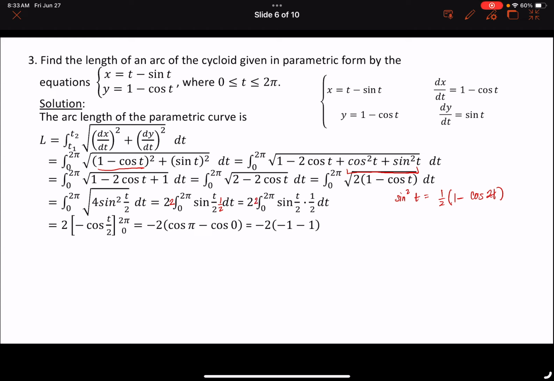There should be 2 here. So the integral of sine t over 2 times 1 half dt would be 2 negative cosine t over 2 from 0 to 2 pi. So take note that this should now be 4.